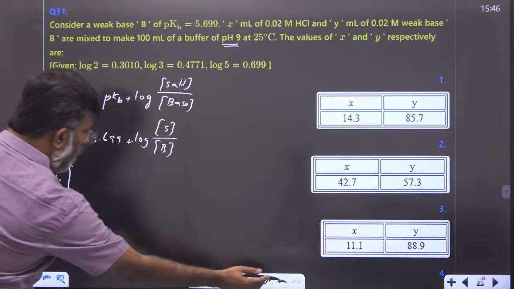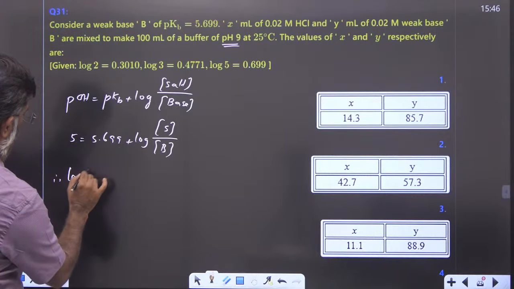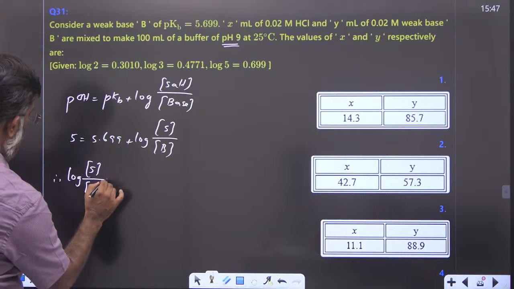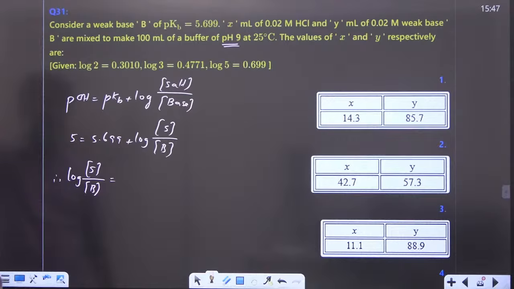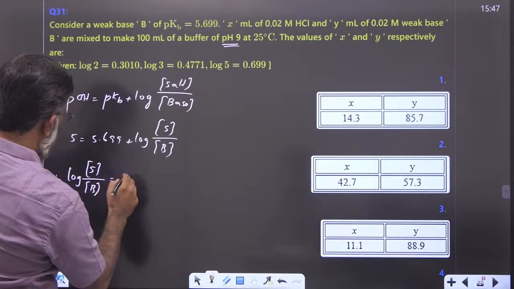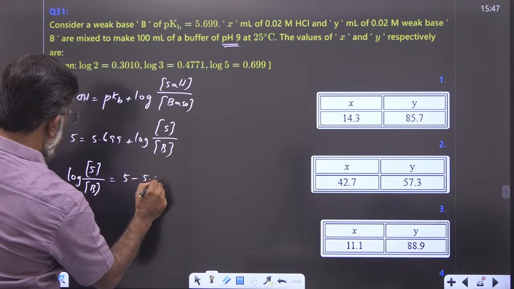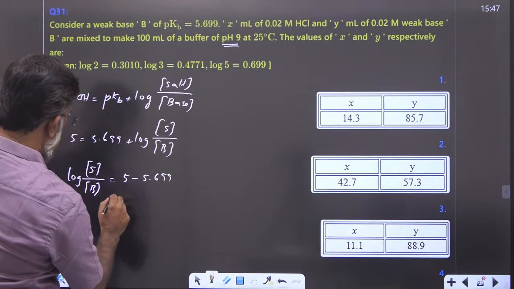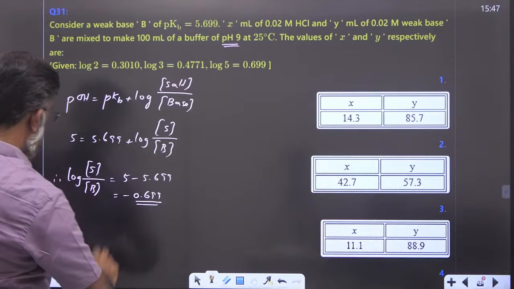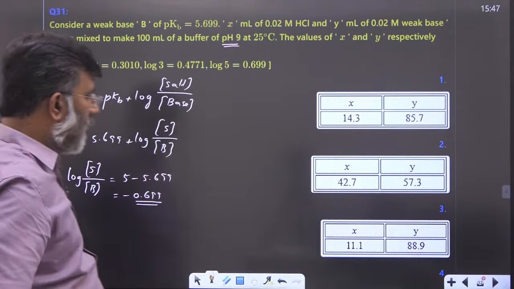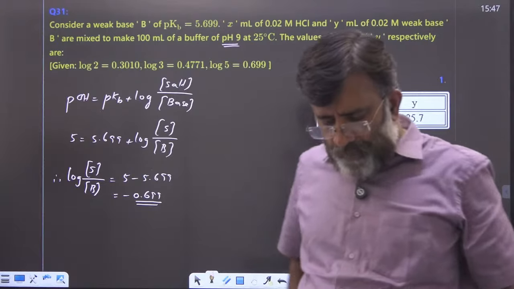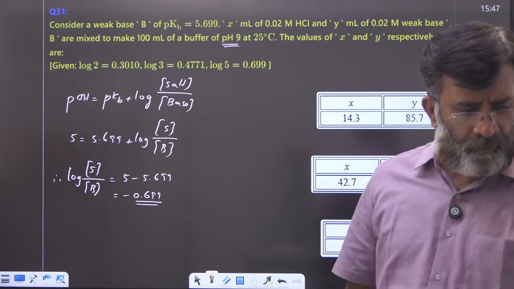Therefore, log salt by base is equal to 5 minus 5.699, that is minus 0.699.